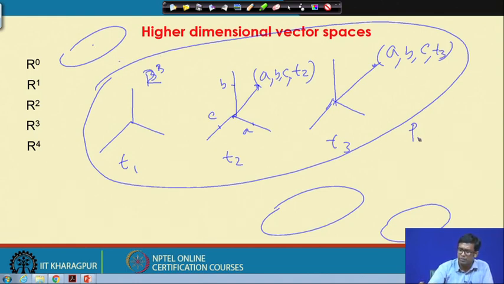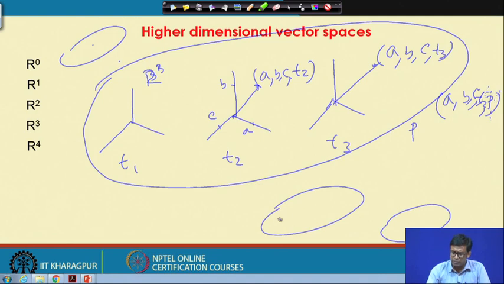Similarly, when we come to the pth observation this vector is there. So, we now say that this particular vector will have A, B, C, T 2, P, 5 components. We need 5 components to express these vectors.